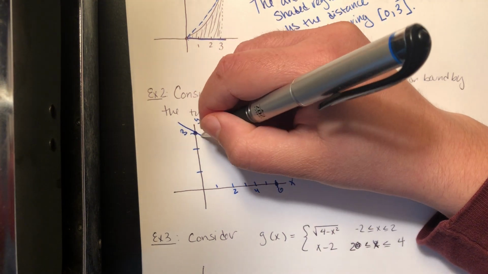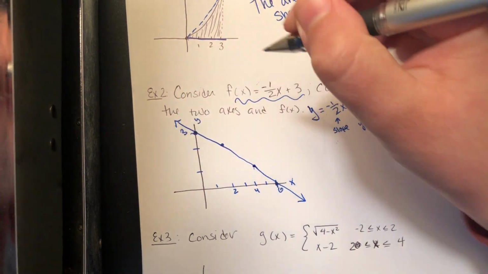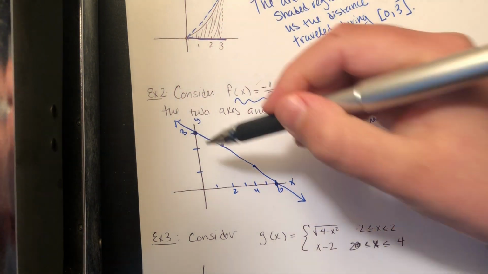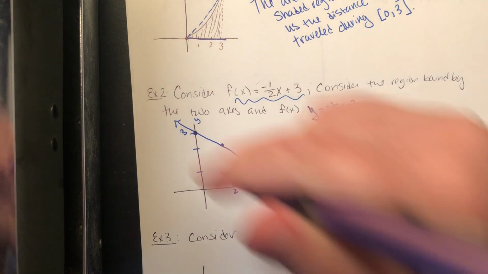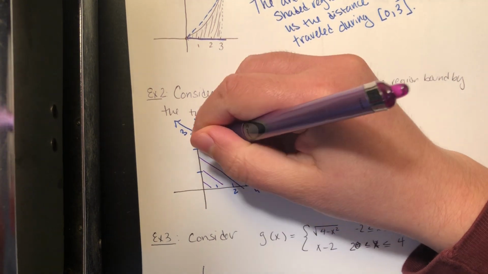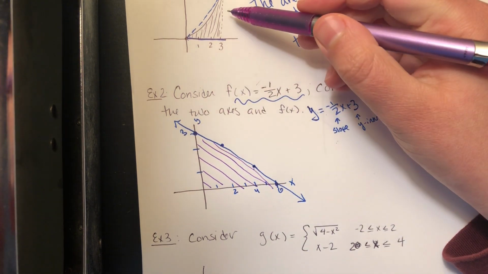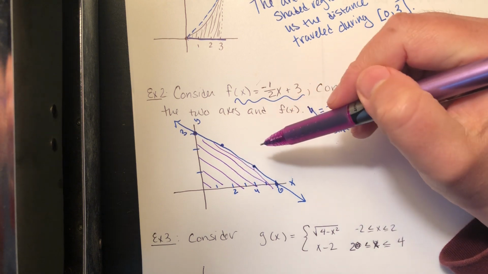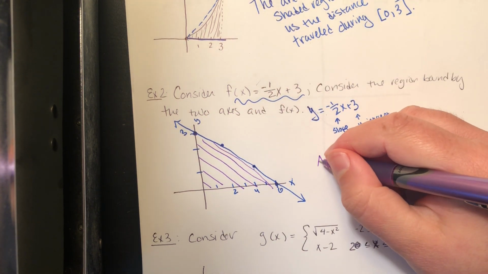And so this line is going to go on forever, but we're really just interested in the area that's bound by this line and the two axes. So we're looking for the area of this triangular region. And this isn't roughly a triangle like we had up here. This is actually a triangle. So all we need to do to find this area is use the formula for the area of a triangle.